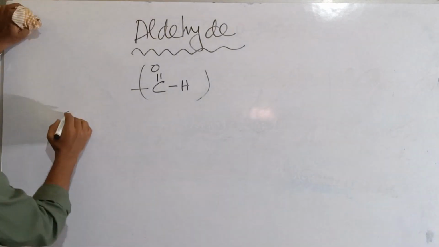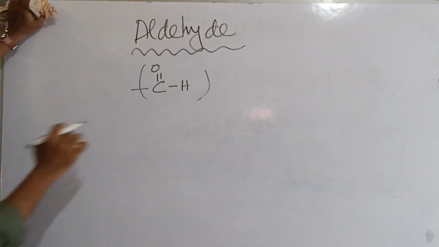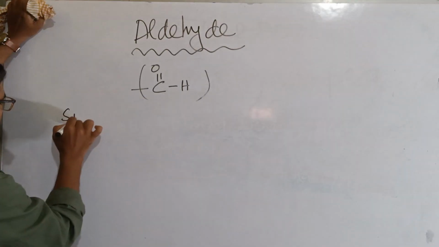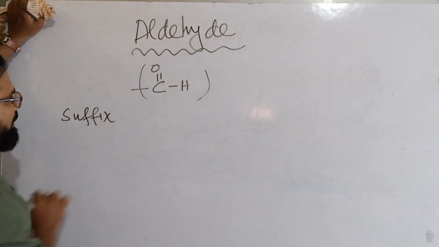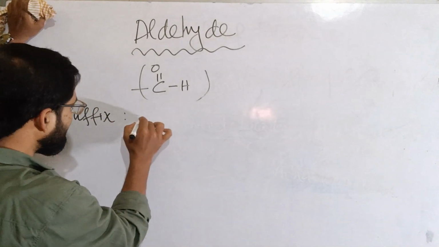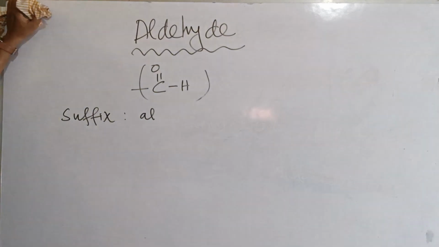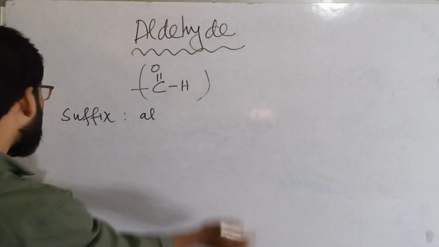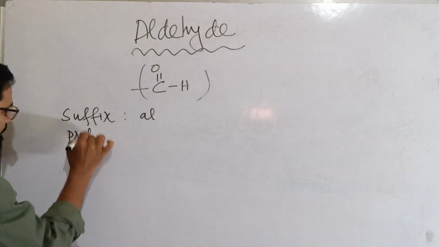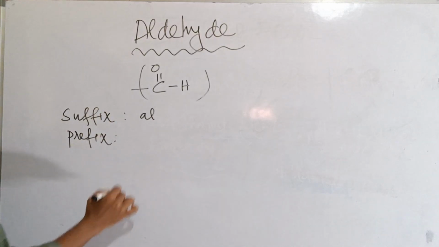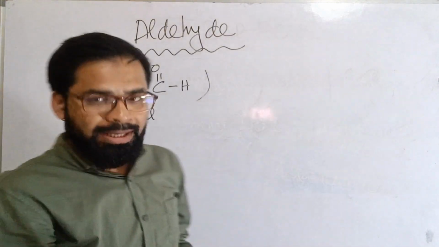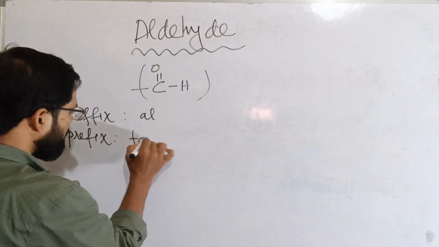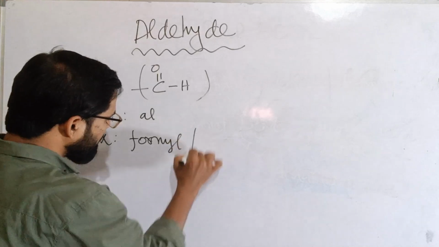So in case of suffix, that will be al. But in case of prefix, either it will be oxo or formyl.